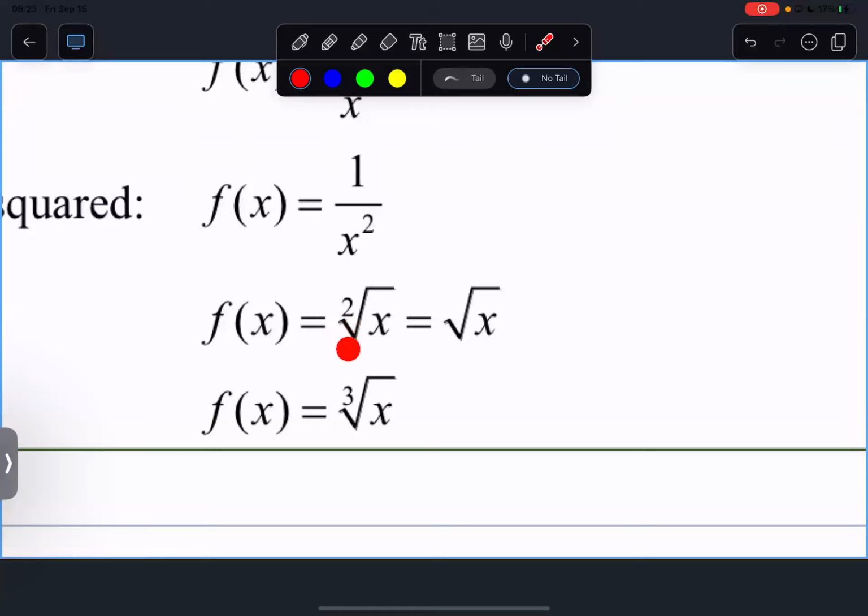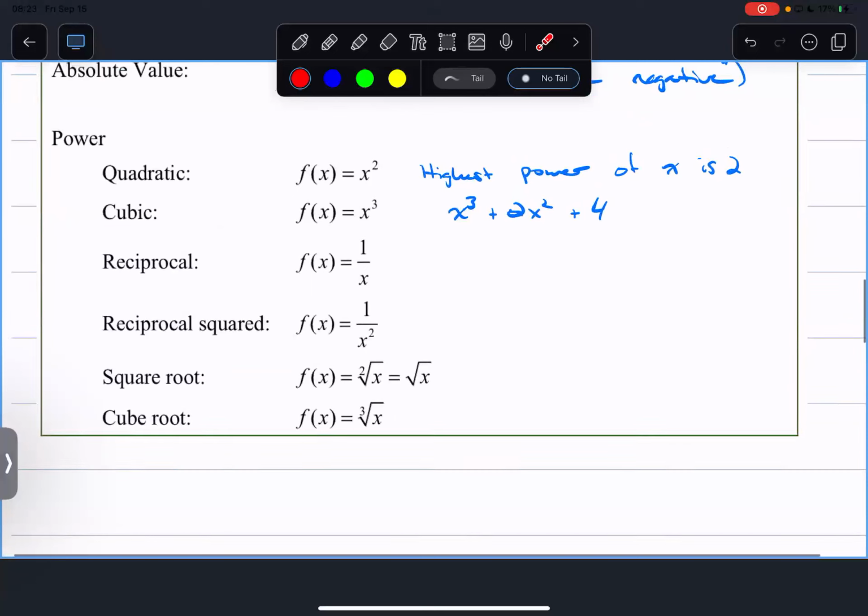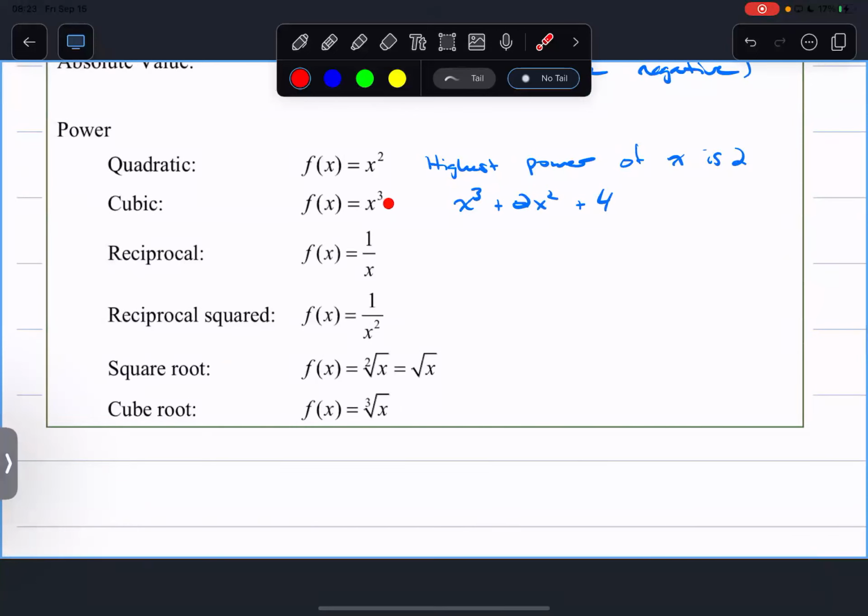But anyways, in here, you can specify what root you want. So the square root, usually we don't write the 2 because it's the most basic root that we work with, but we can also talk about the third root, right? Which is kind of like the flip of x to the 3, right? The flip of the cubic is the cube root. Okay. And your calculator will be able to do it for you.